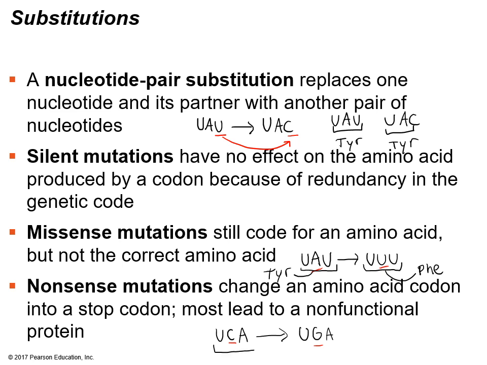So UCA right here is going to code for the amino acid serine. However, when we substitute the C for a G, this changes the serine amino acid into a stop codon. So the UCA codon turns into a stop codon. And we remember that stop codons are going to code for a release factor, which is going to stop translation.